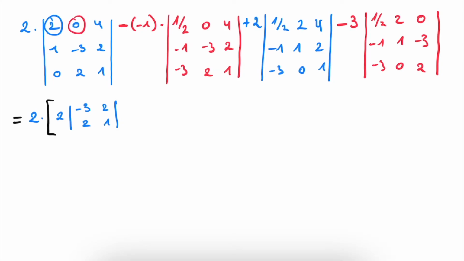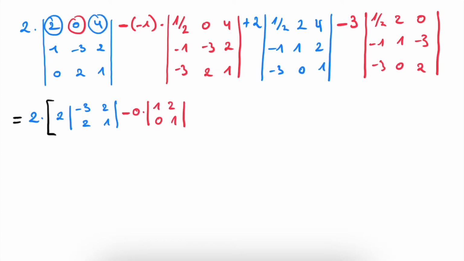Then we have this 0, which gets a minus sign in front of it. So -0 times the determinant that remains if we ignore this row and this column, and we remain with the numbers on the sides of it. So we get the determinant of 1, 2, 0, 1.